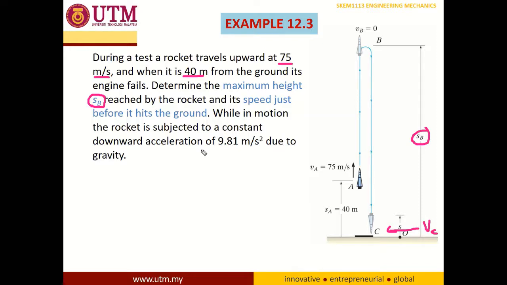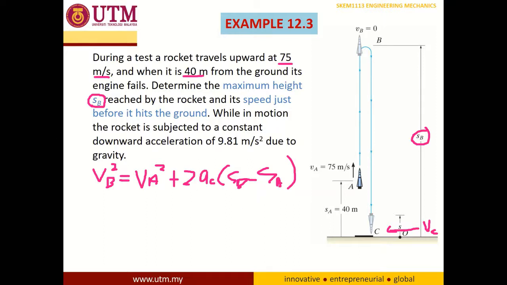Now it becomes VB, the last position that we have, the velocity when it reaches maximum height, equals the initial velocity VA squared plus 2 AC times SB minus SA.